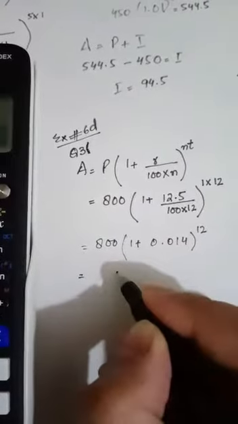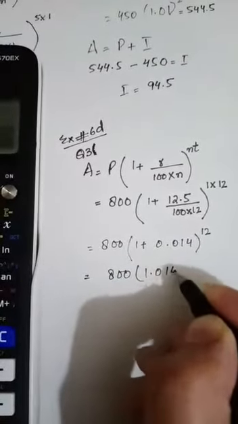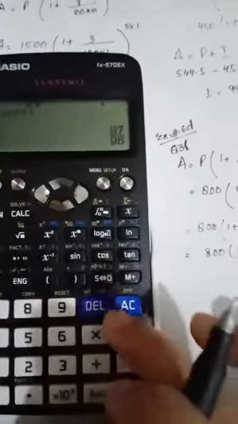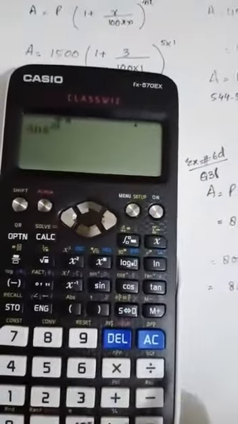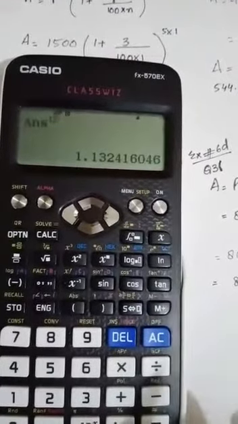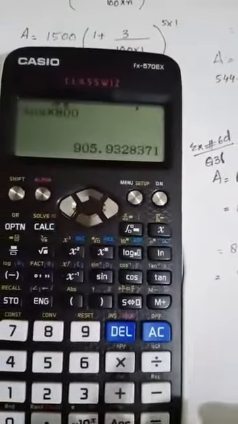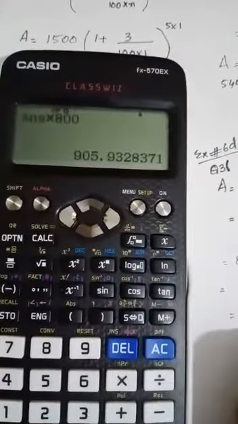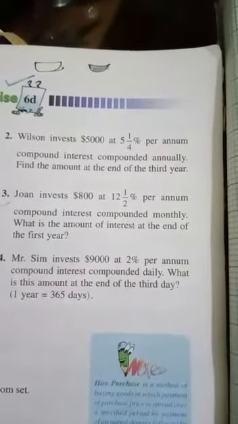So now it's 800 times 1.010 power 12. Now here we will take the power of this value as 12. Okay, so the answer is 1.13 multiplied by 800. So it's 905.93. It's an amount.